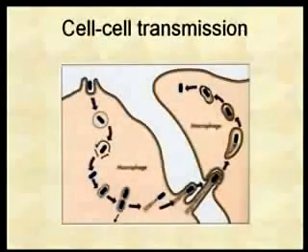Okay, and here's a picture of what happens. Here the organism is entering, lyses the phagosomal vacuole because of having a hemolysin.